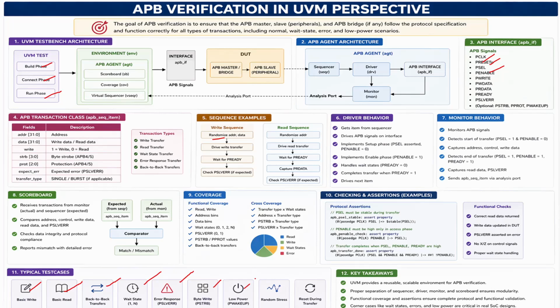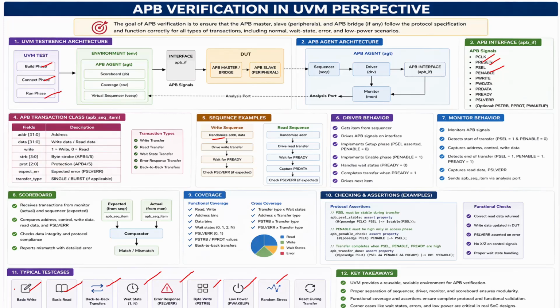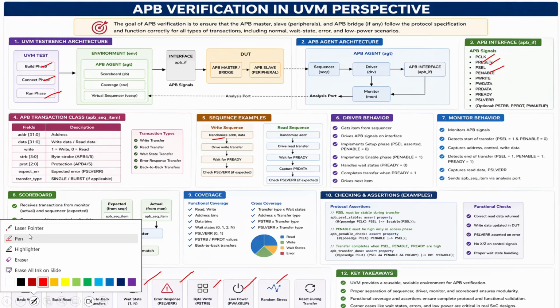Low power uses wakeup signals. There are also random or stress cases, and reset during transfers: if a reset happens while data is being transferred, the transfer stops. For that purpose we write these typical test cases.